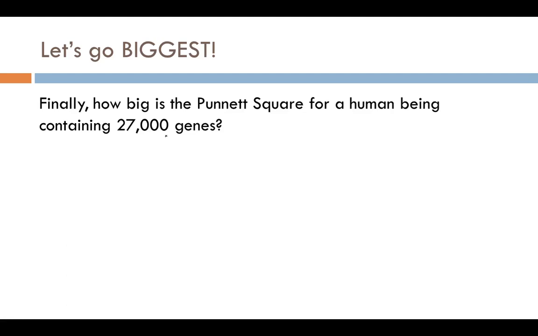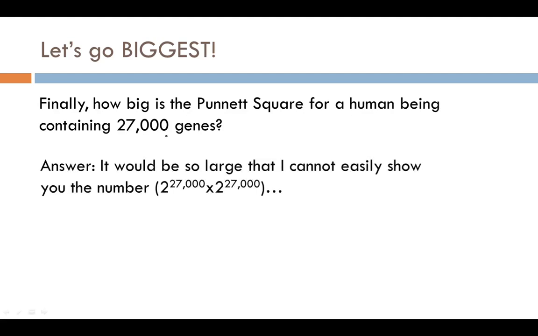Okay? So in other words, what is the Punnett square for your parents, for your family? Okay, of which you are 1 square. The answer is 2 to the power of 27,000 times 2 to the power of 27,000. Okay, that's how big the Punnett square is for your parents.